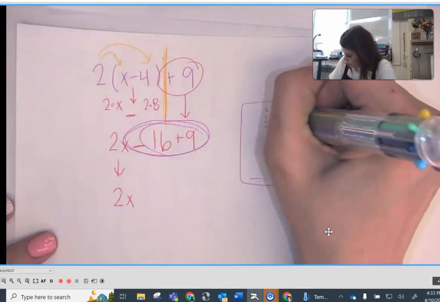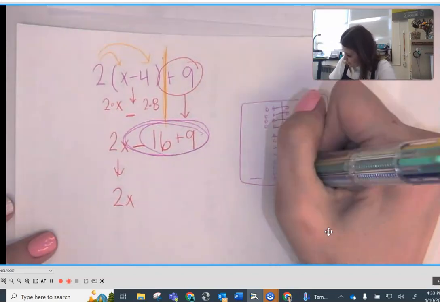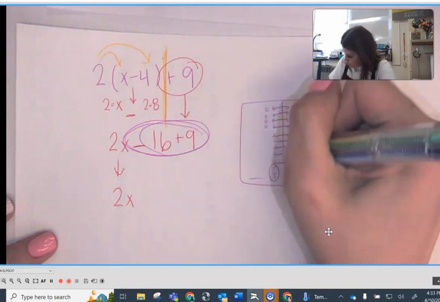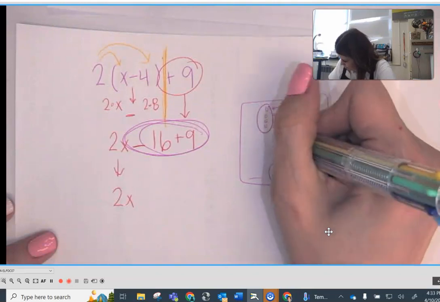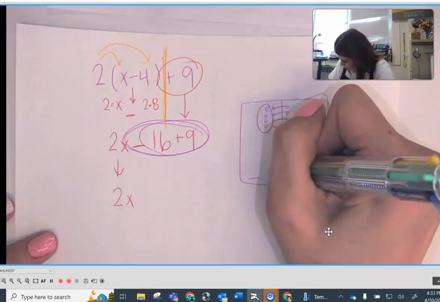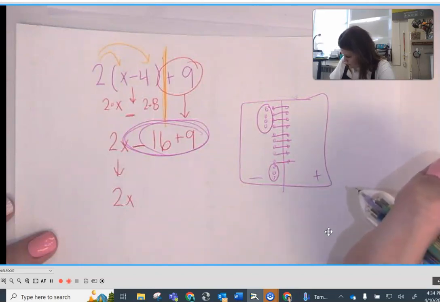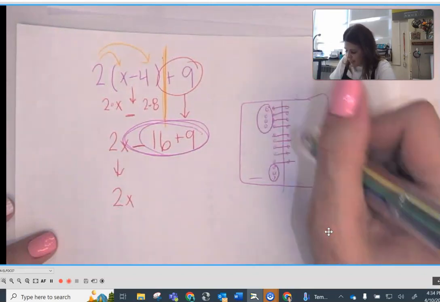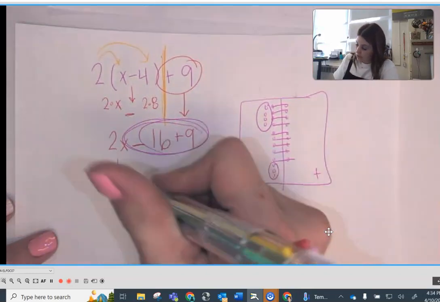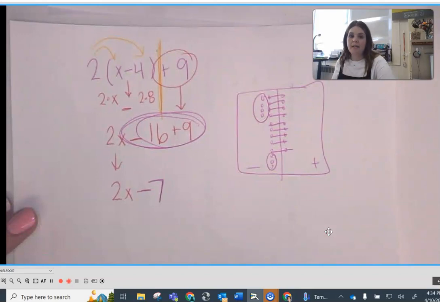I cancel all of the center zeros, and I am left with 1, 2, 3, 8. Is that right? 8 on the negative side. No, 7. It's 7. Sorry, guys. But they're on the negative side, so it's 2x minus 7.